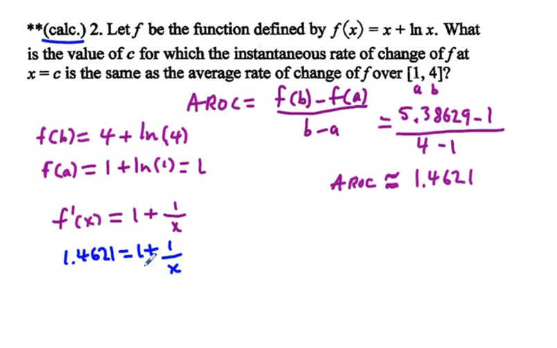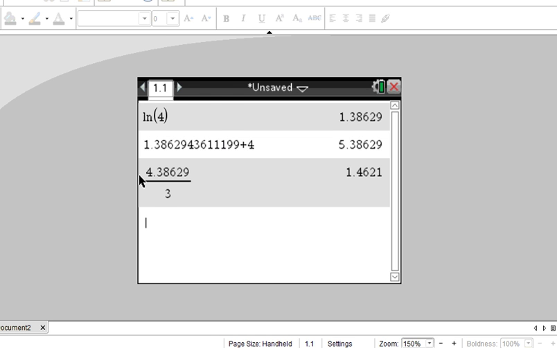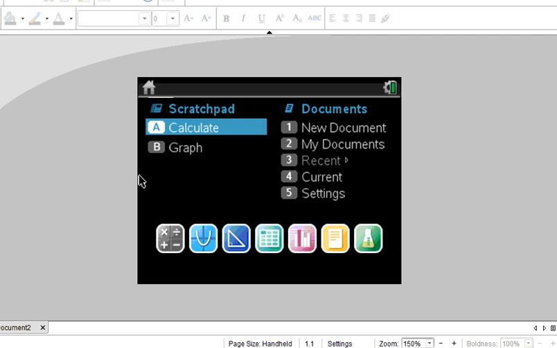And so what we can do to solve for x by graphing, we can set one side of the equation equal to 0. So we have 0 equals 1 plus 1 over x minus 1.4621. And for that, we're going to go to our graphing calculator again, and this time we're going to pull up a graph page.